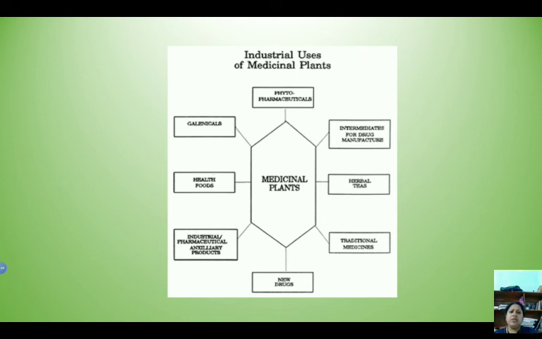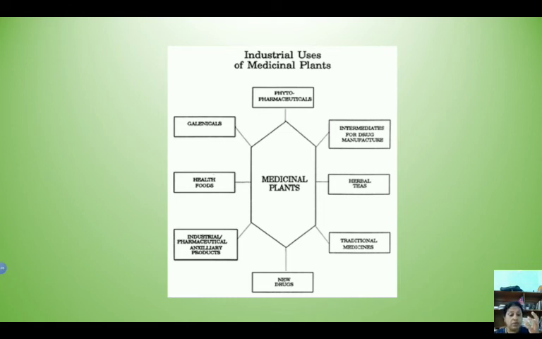Speaking about the industrial uses of medicinal herbs, medicinal plants are used in phytopharmaceuticals, then intermediates for drug manufacture, then herbal tea preparations, and traditional medicines in different forms like Ayurveda, in the expansion of Ayush: Ayurveda, Unani, Siddha, homeopathy. So in all these medicines, these are used.